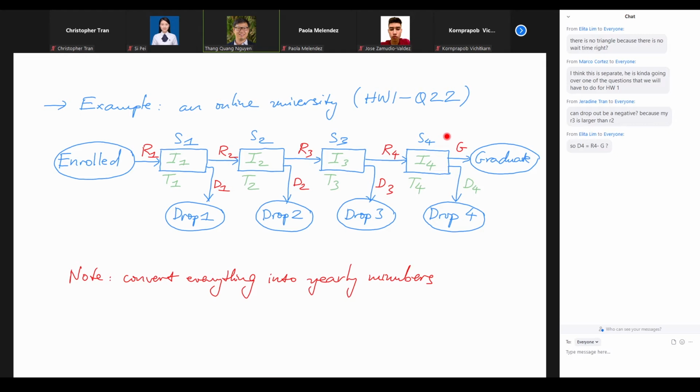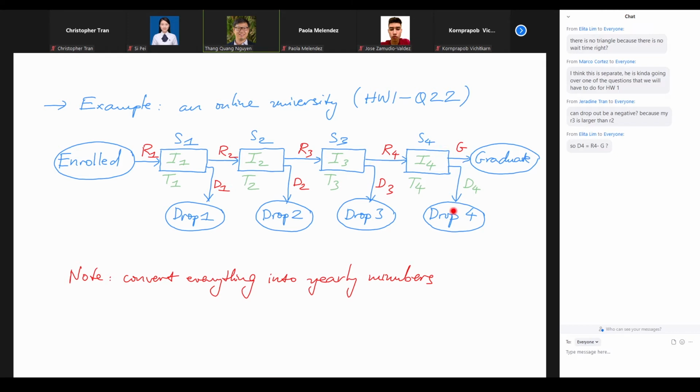So the picture that we have here hopefully helps you understand the online university. So the arrows here, now we actually know the numbers, how much it is per year. Everything has to be per year.